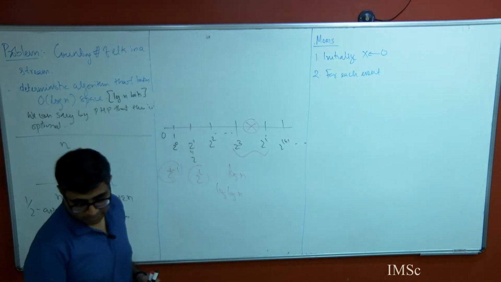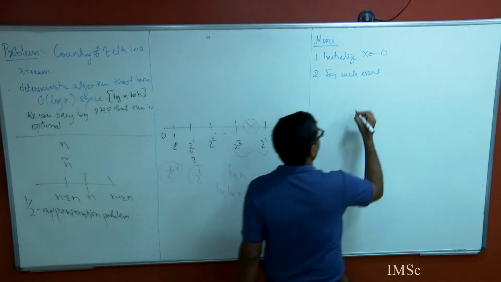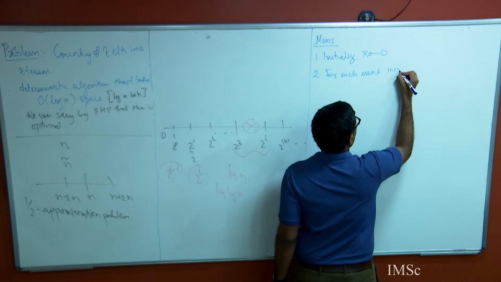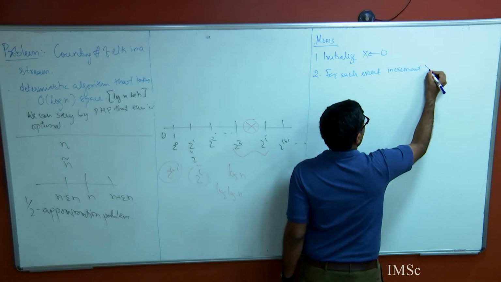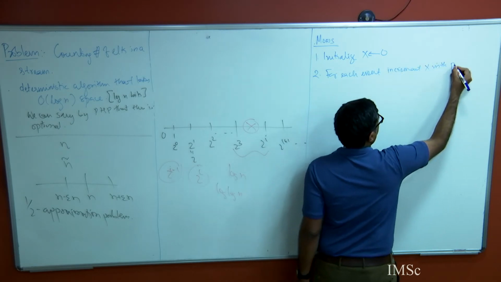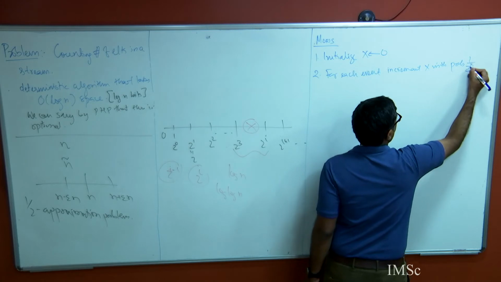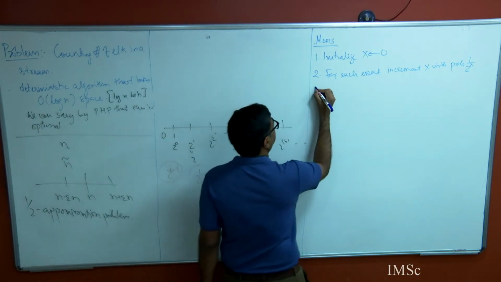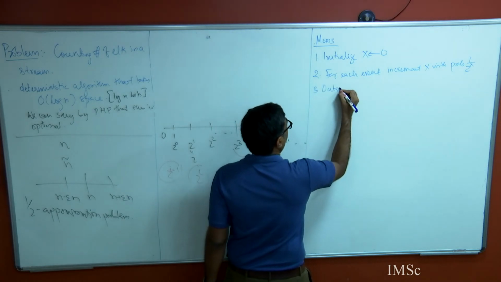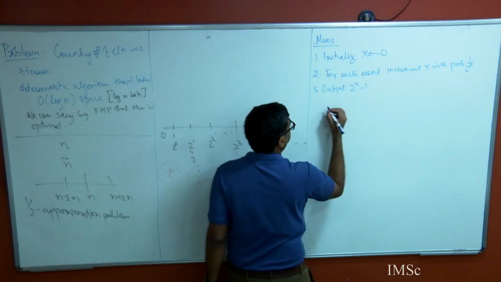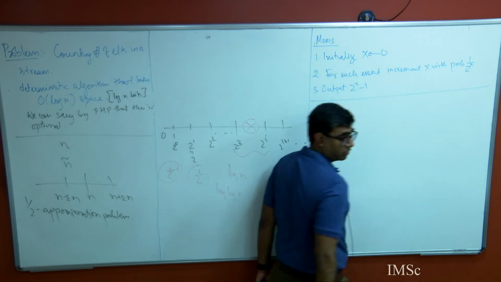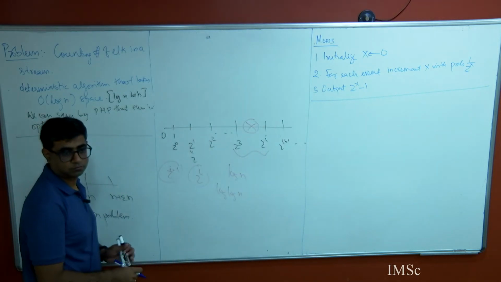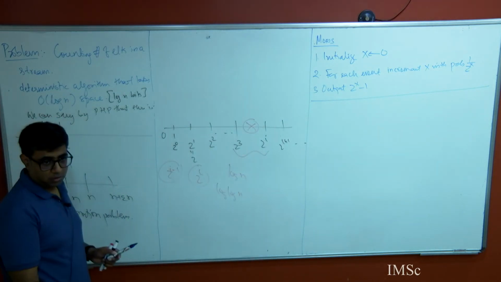For each event, increment x with probability 1 over 2 to the power x. Third, output 2 to the power x minus 1. This is what our algorithm was.